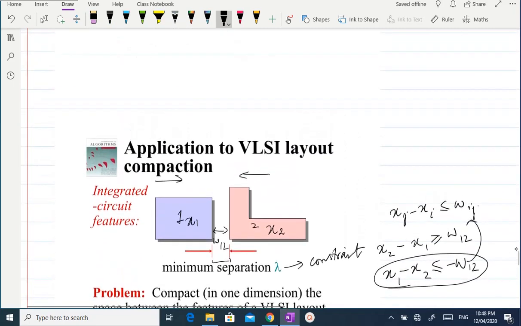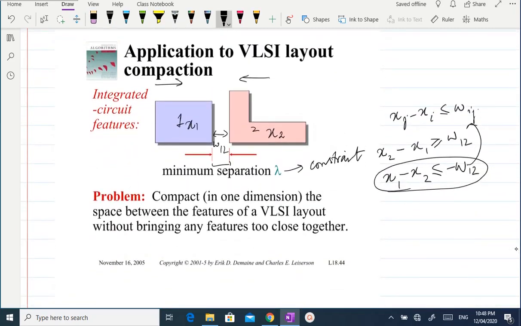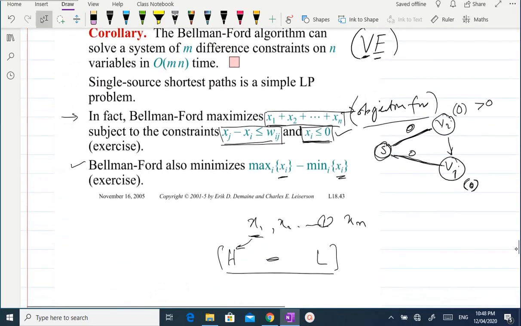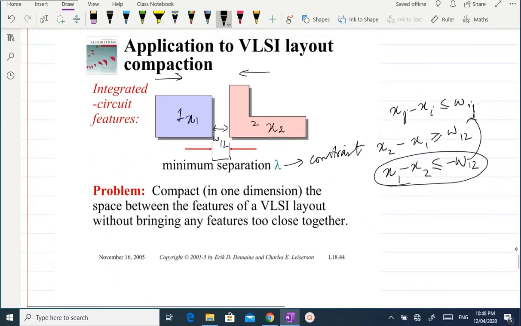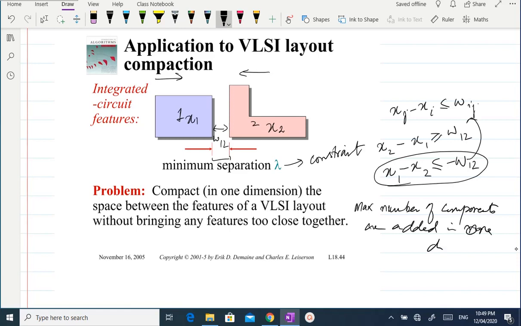So what we are trying to do is ensure that the minimum separation constraint is not violated, number one, and number two, because of this second property, it will try to ensure that the maximum number of components are added in one direction.